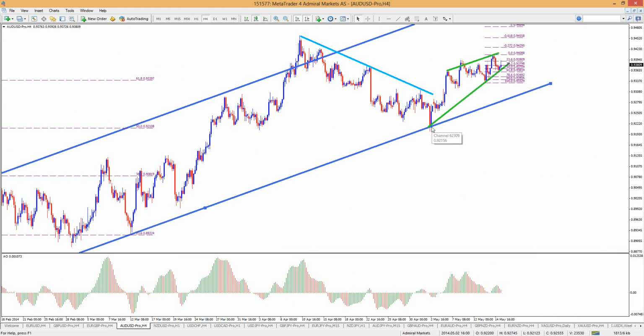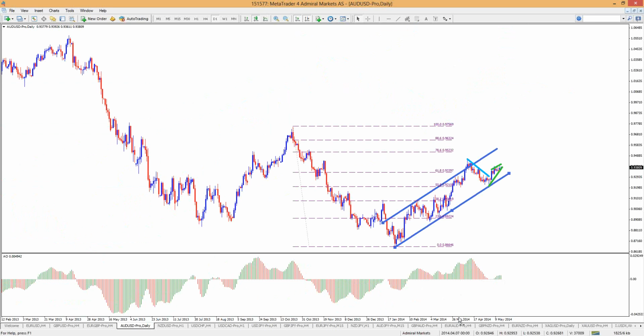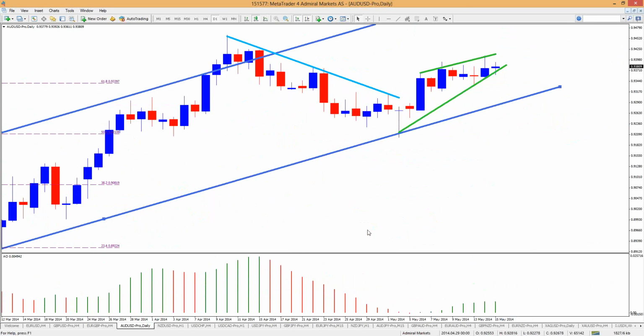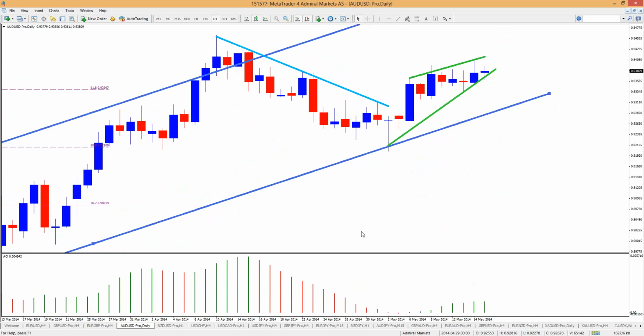And in fact, maybe we're retracing this entire fib, for instance. So I would be more inclined to maybe fib this entire upside.